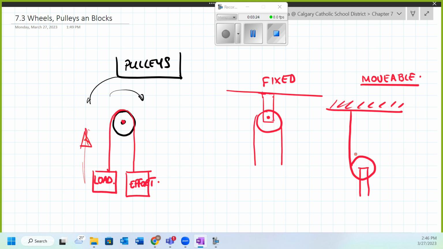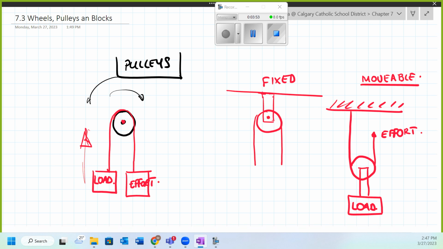However, in the pulley you have the load. And then the effort that you are applying is here. So it's kind of moving along with the load. The load and the pulley are connected with each other.